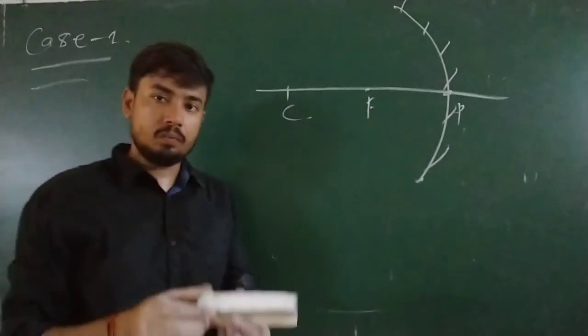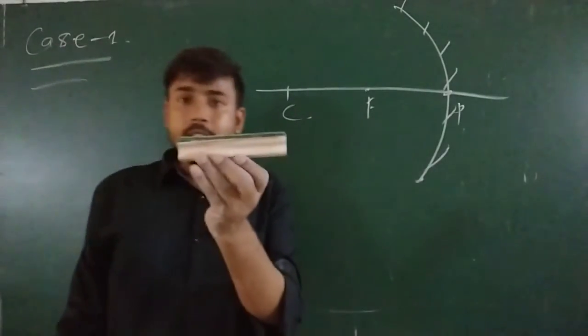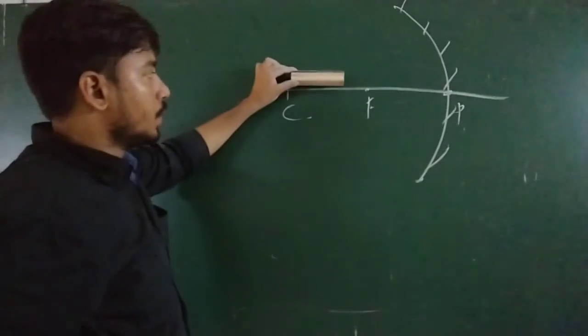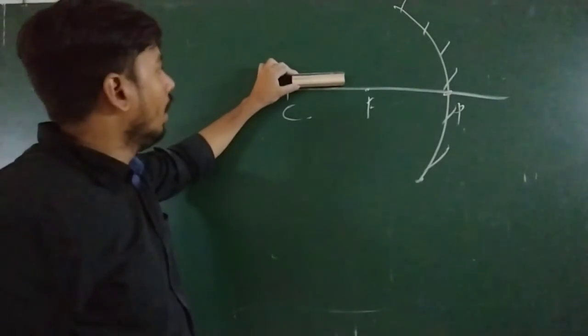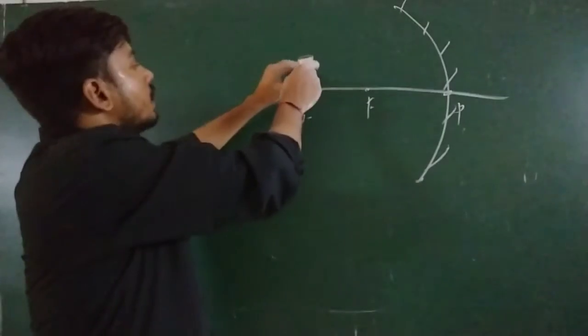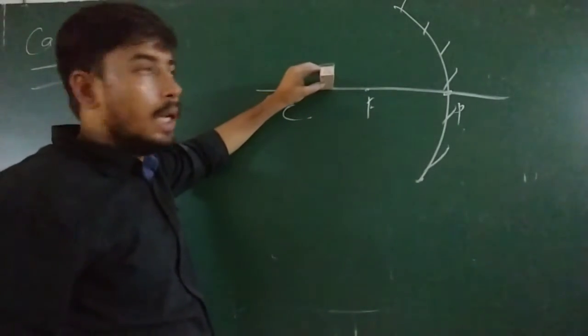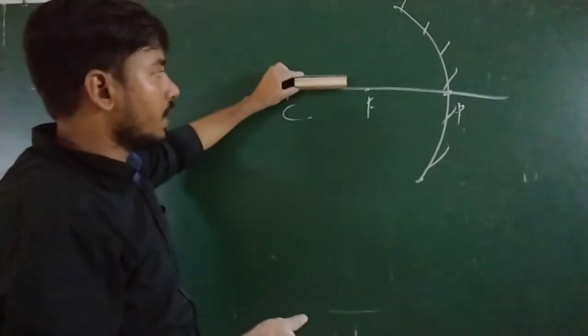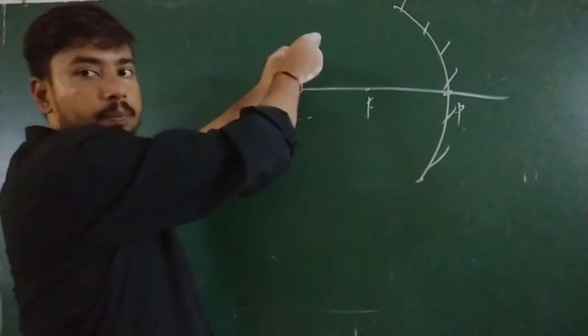See, this is a 2D object. So anyone can put the object like this one, and another person can put the same object like this one. So how many cases become? Two cases.